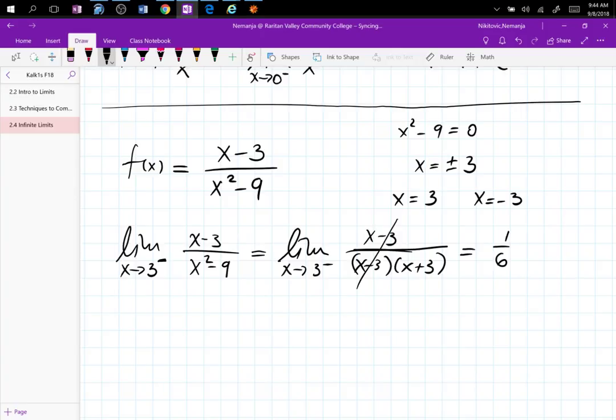Right? Is this infinity? No. Let me write that in blood. 1 over 6 is not positive or negative infinity.